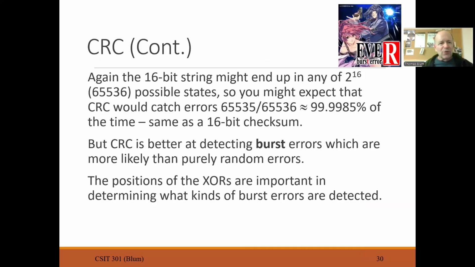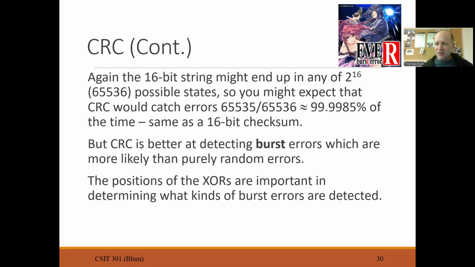So again, if we are playing with 16-bit shift registers with some exclusive ORs placed in, then again, there would be a 16-bit answer. And if the problems were random, you would expect, again, 99.9985% of the time you would catch the error, the same as the checksum.